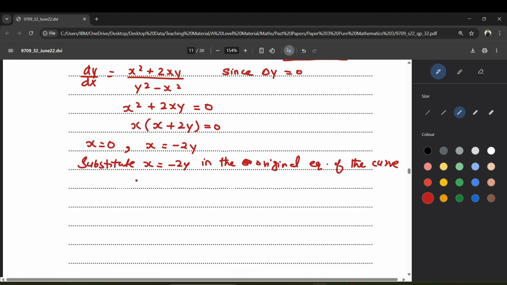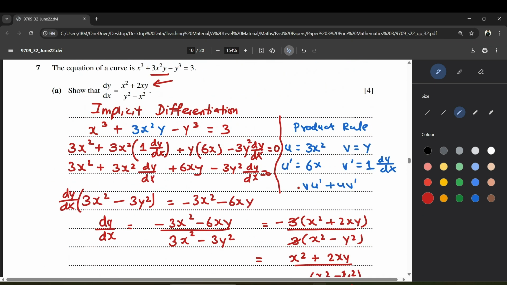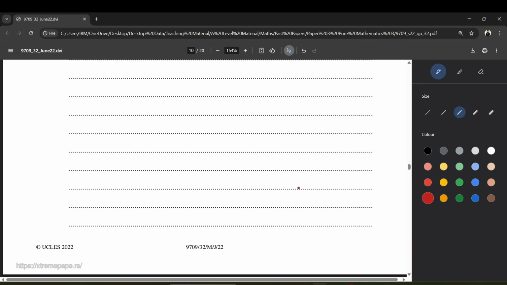Okay, so we have x cubed, so this means minus 2y whole cubed, plus 3x squared means minus 2y squared times y, minus y cubed equals 3.